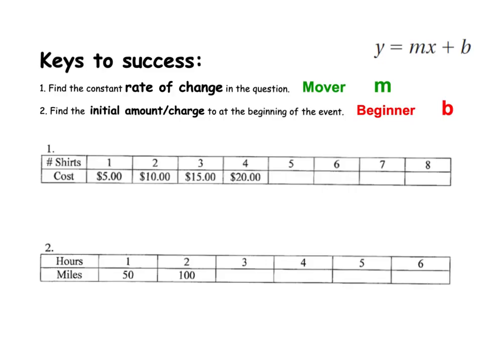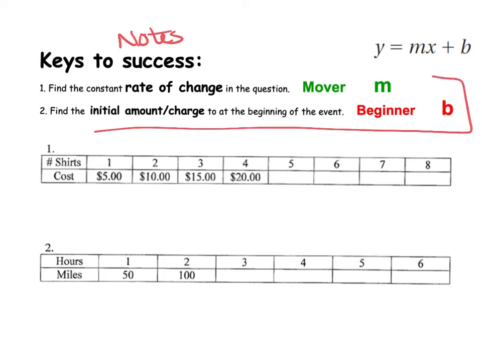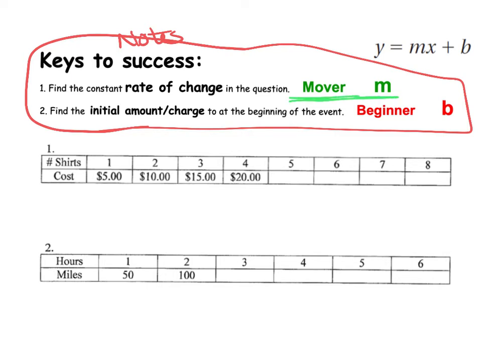So the next page. Here is what I need you to put into your notes, please. Keys to success. Number 1, finding the constant rate of change in the question. That is our mover. That is our slope. The constant rate of change.